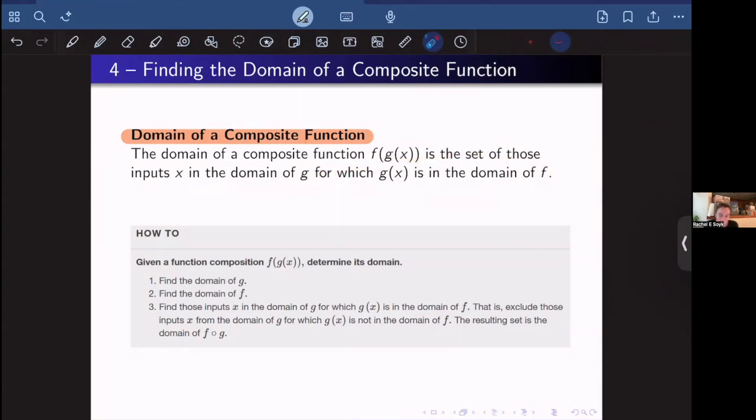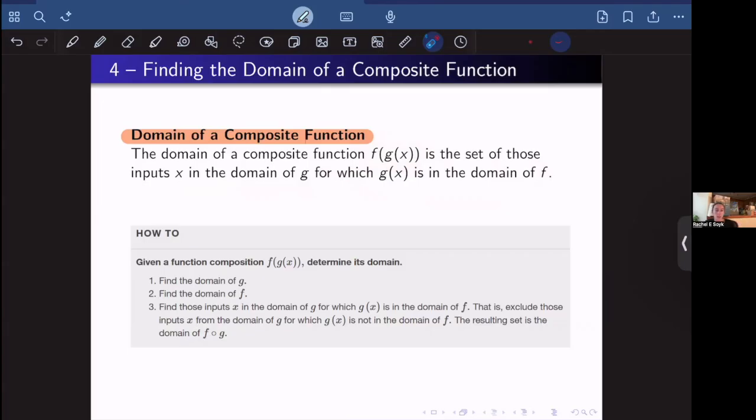So in short, what does this mean? You want to find the domain of the input, our g of x, and then you want to find the domain of our f of g of x, and then find the intersection between those two domains.